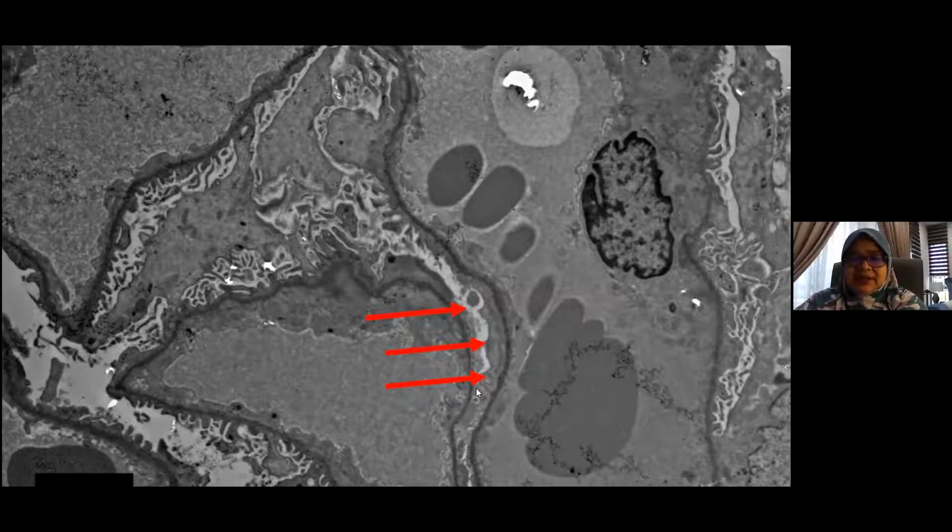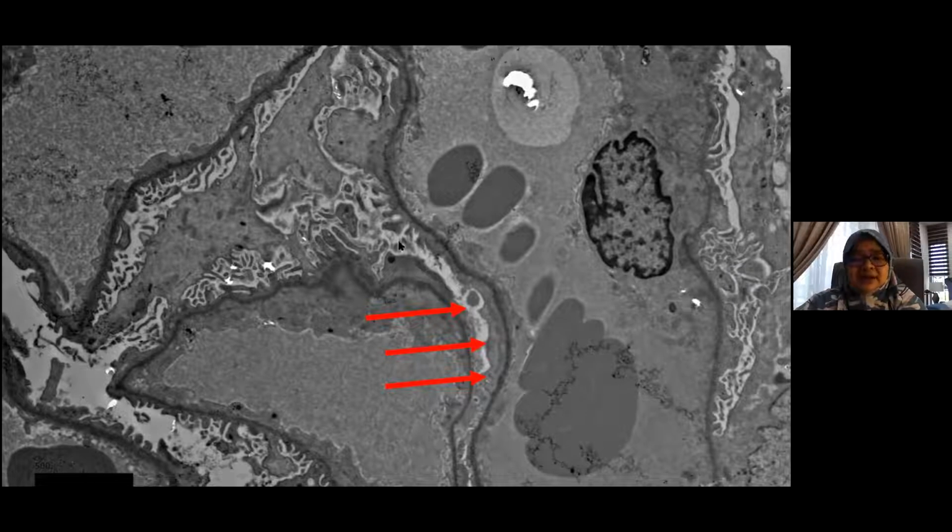The ultra-thin section shows fairly diffuse foot process effacement. We can see this microvilli formation, which occurs when the foot process is being injured. Usually we would see this non-specific reaction, which we call microvilli.